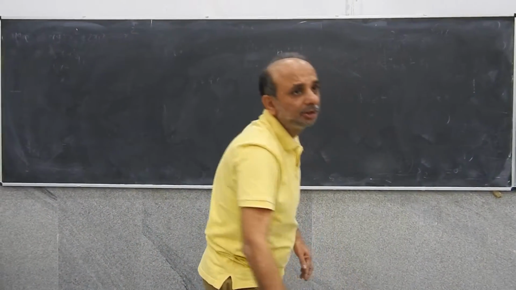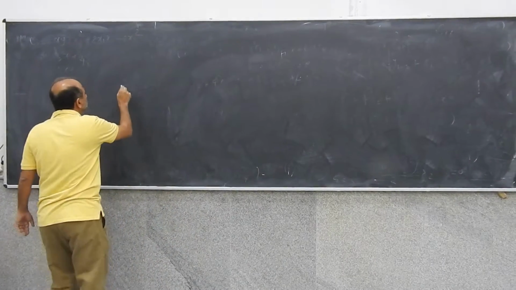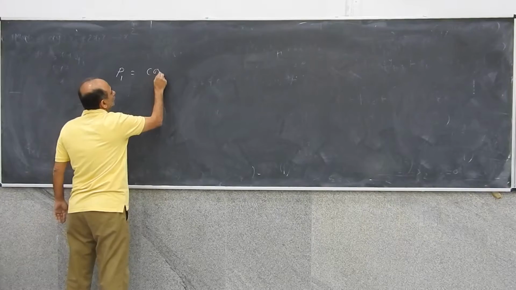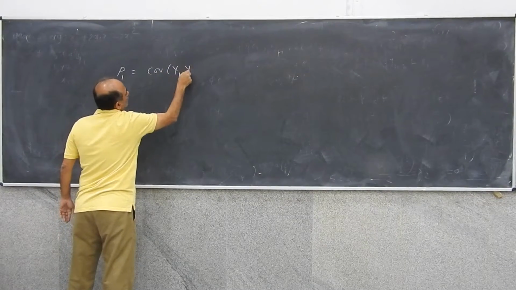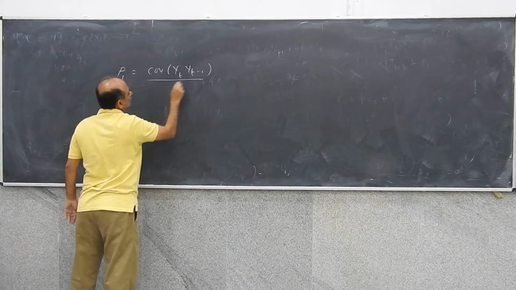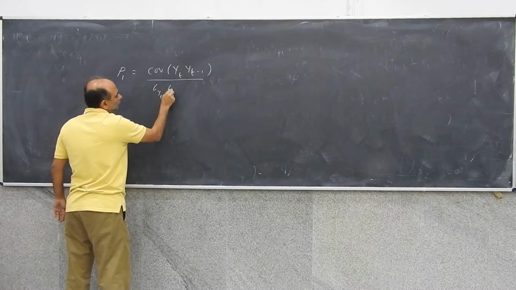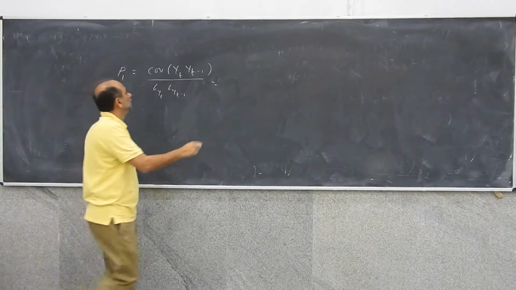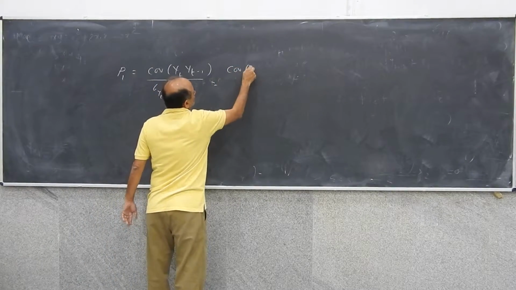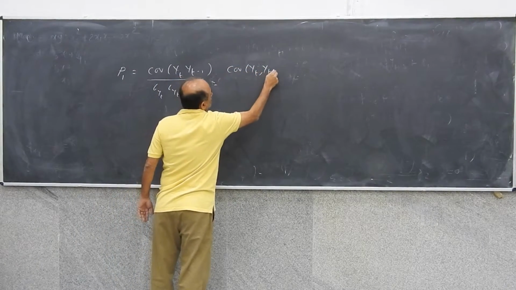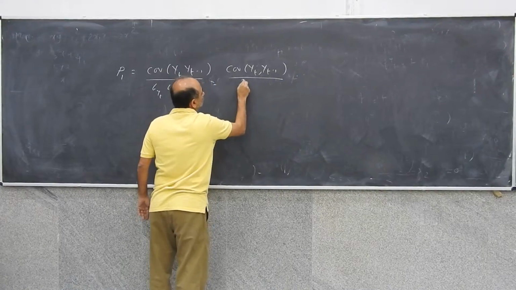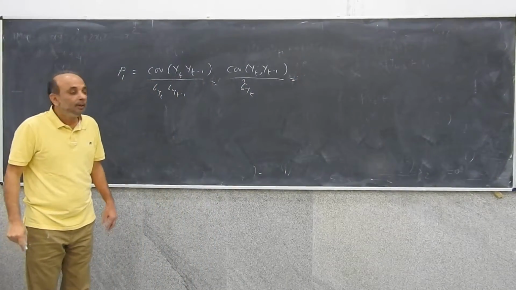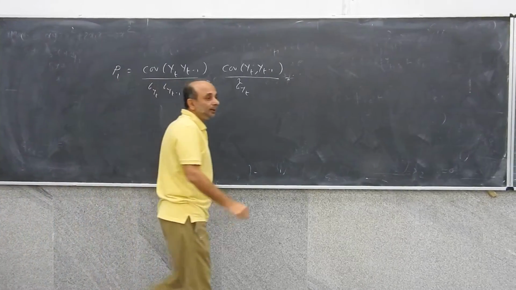To find out the correlation between yt and yt minus 1, which is rho 1, what is the covariance of yt and yt minus 1?